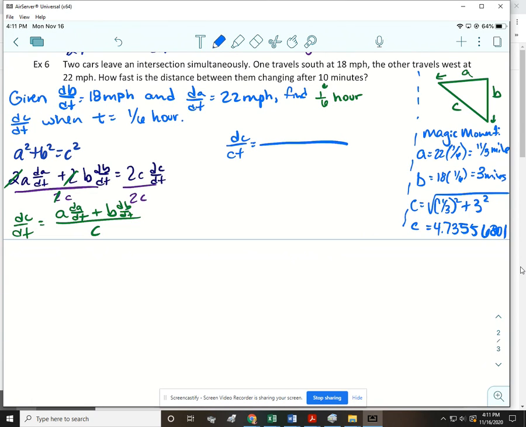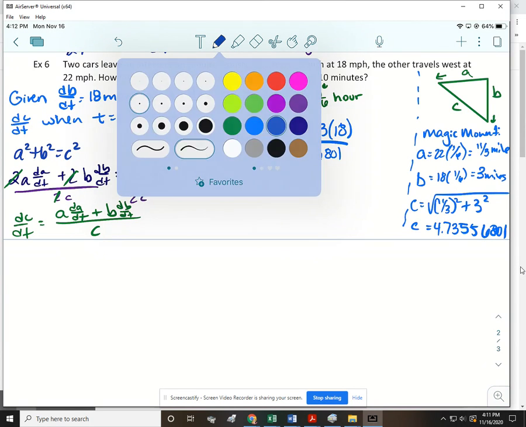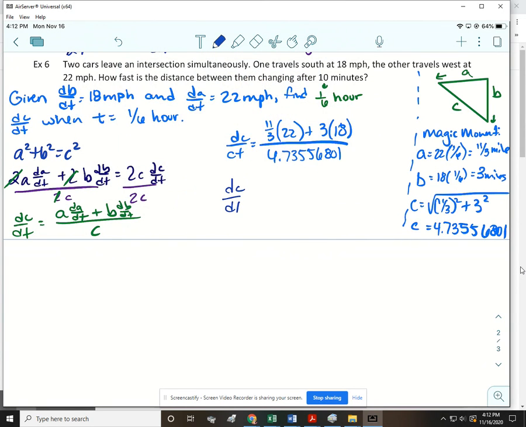Okay, so we can start plugging in. Okay, so I typed all this in the calculator and I got 28.425, and it would be in miles per hour.